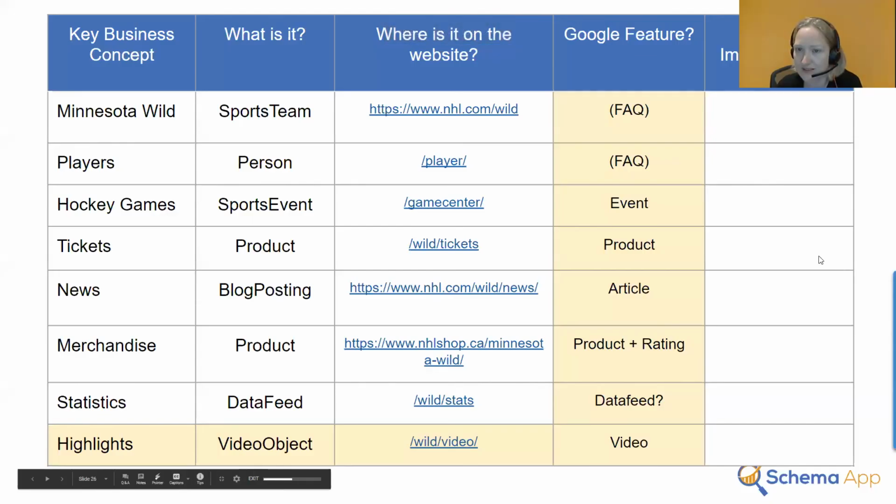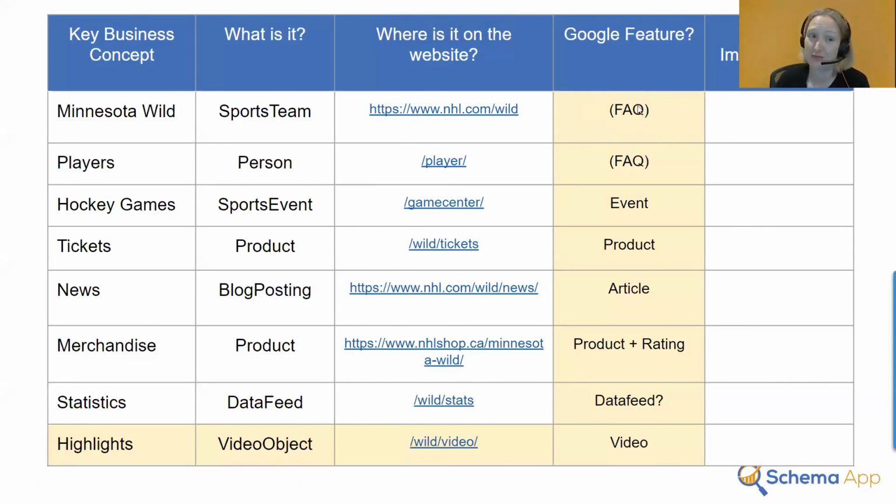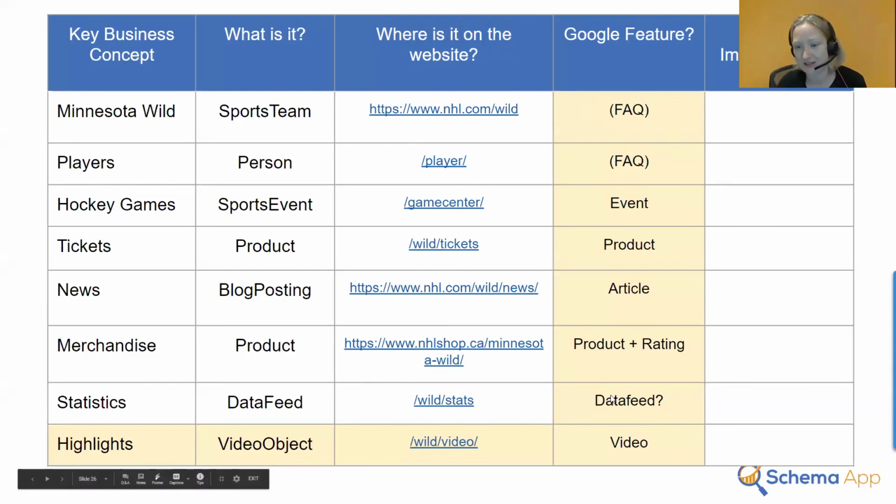All right, everyone's still with me. Now, what I've put in brackets here is, look, FAQ might be a really good one to have on the organization, and the players also could have an FAQ, whereas today they don't have a Google feature. So I also use this opportunity to start thinking about strategy on the content of what's possible. I put here, is dataset the appropriate one that we can do here?